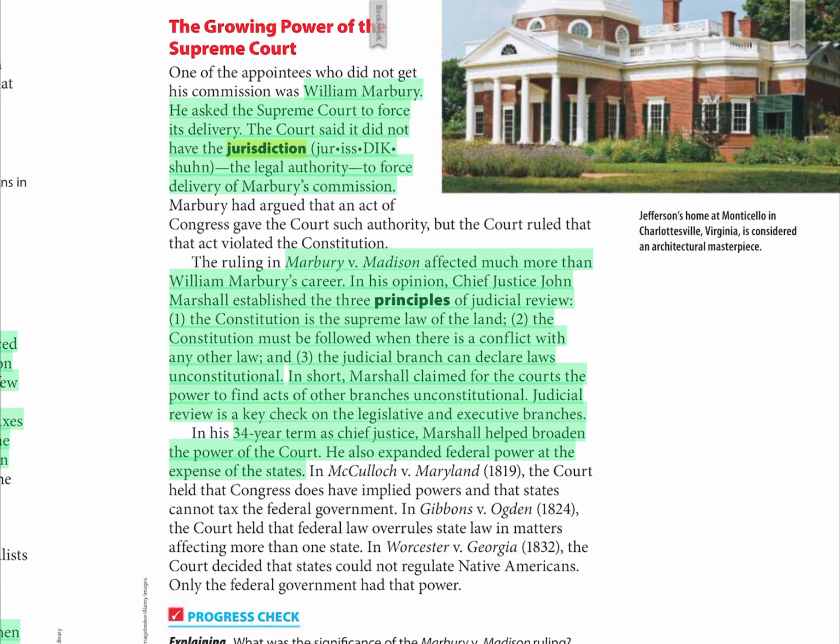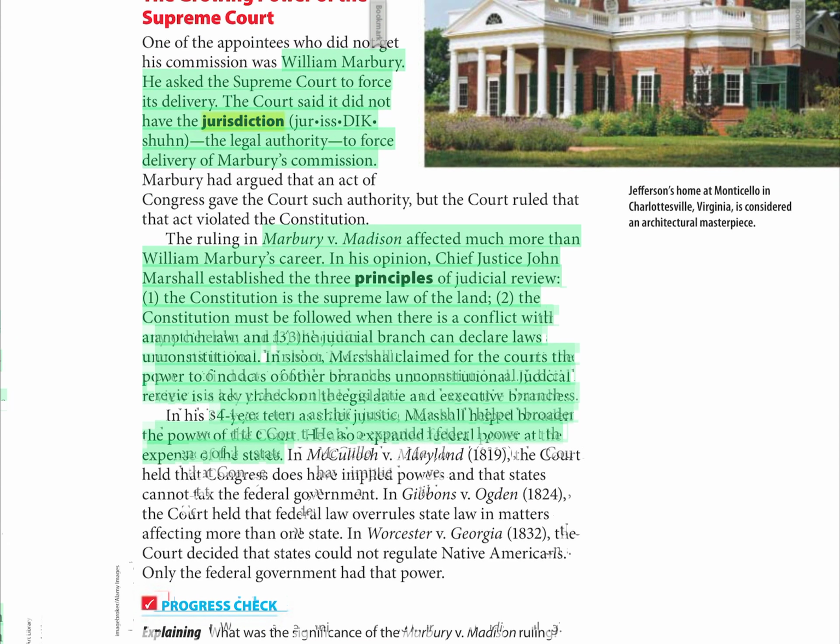He was around for a long time, 34 years, and they list some other interesting cases here, which we're not going to have time to go into, but it shows that he also made the Supreme Court more powerful and more dominant over states. So, for example, there was one court case there, McCulloch, which was talking about how states were trying to tax the federal government.